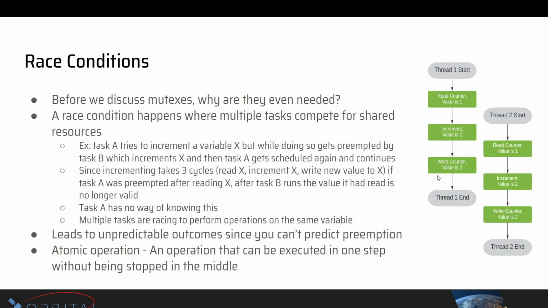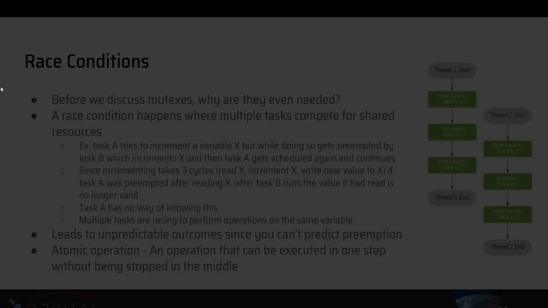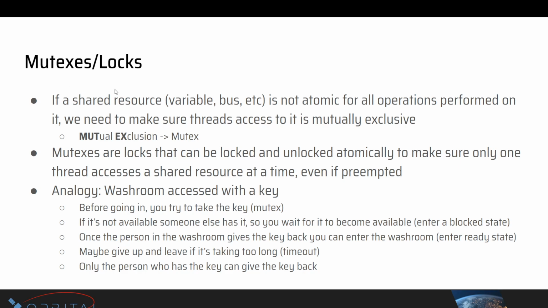Okay. But since we can't always have all operations being atomic, we need another solution for this. And that's where mutexes or locks come in. So if we have a shared resource that's not atomic for all operations performed on it, we need to make sure that the access to it is mutually exclusive.